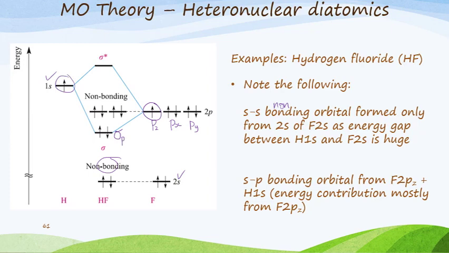So this electron here and this electron here will sit in this orbital here. I will also do this in a separate video so that you can see how the electrons are filled.